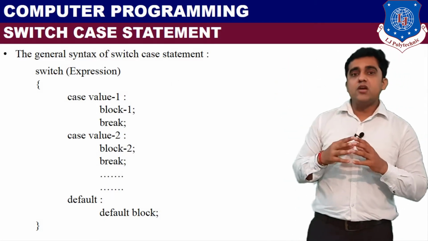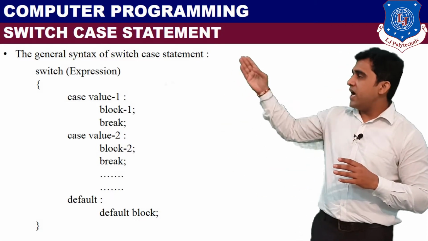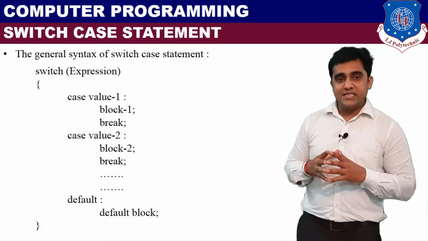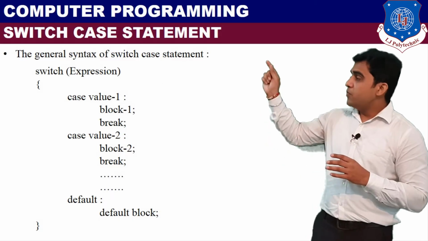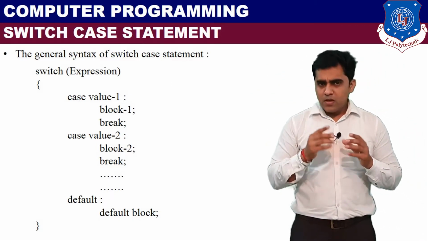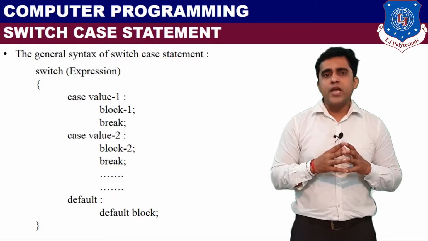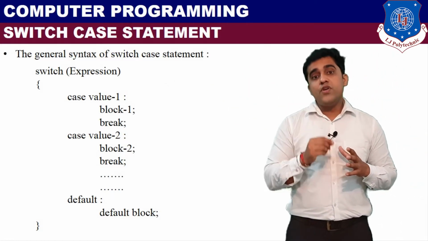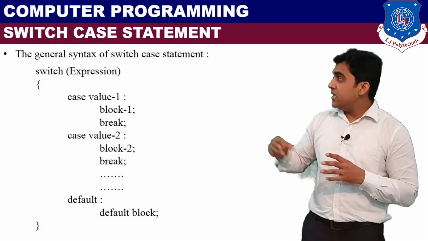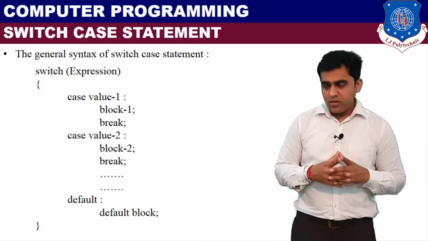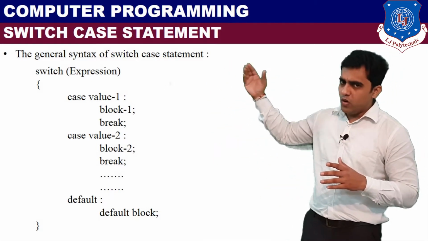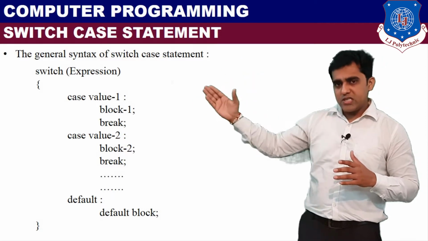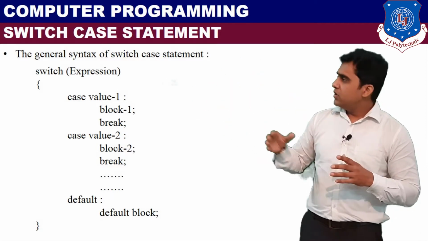If it is equal, then it will execute that case value 1 statement block and break and semicolon. If we are not writing break, then it will move to the another case. So here we have to write break in all case values. Here you can use case value 1, case value 2, case value up to n.